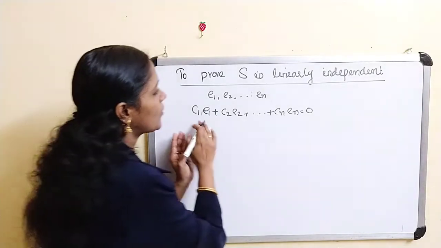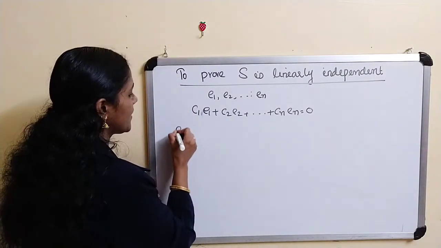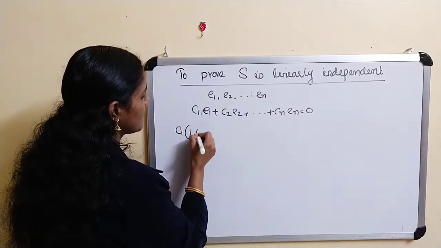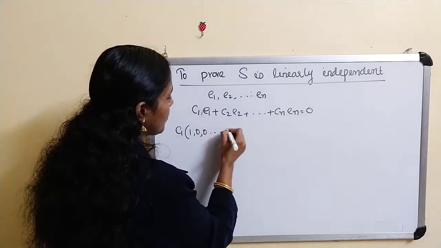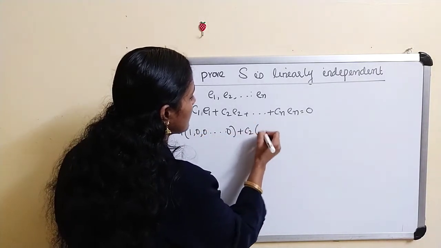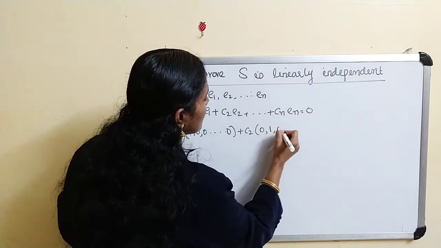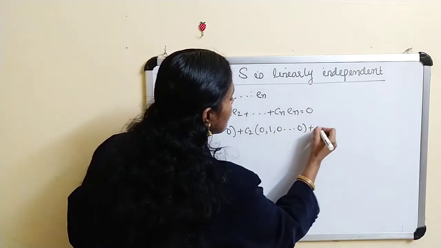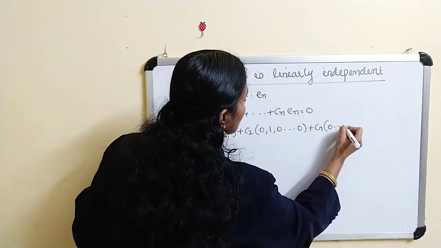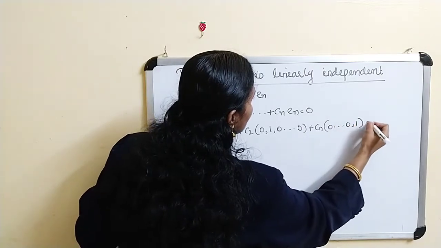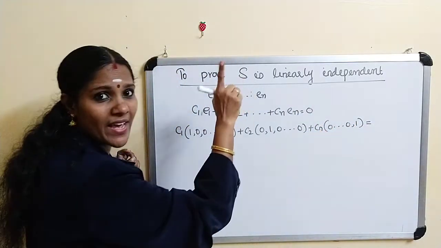Now what about this one? This is actually c1 into e1, which is (1, 0, 0, etc., 0), plus c2 into (0, 1, 0, etc., 0), plus cn into (0, 0, etc., up to 1). And this is equal to the 0 vector in Fn.